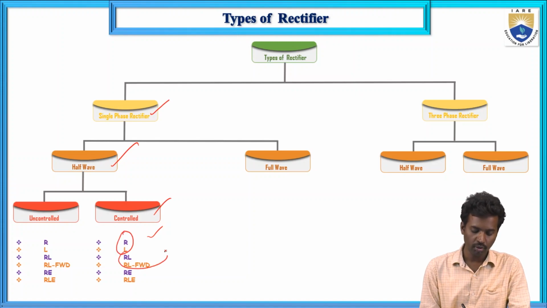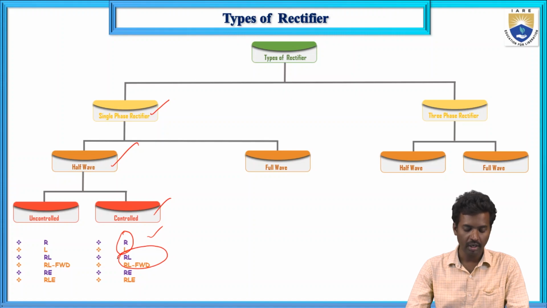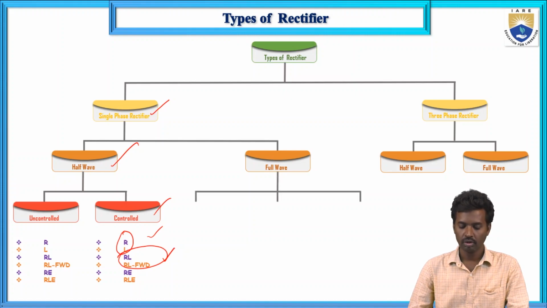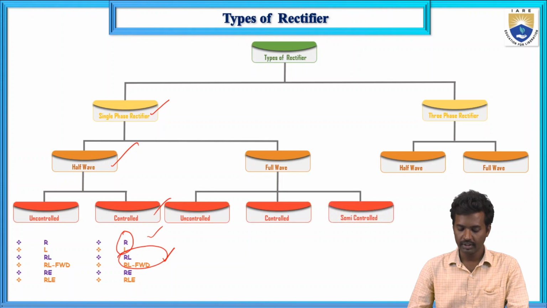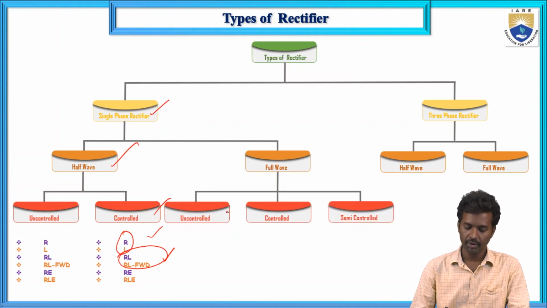So today we are going to discuss RL and RL with freewheeling diode. Now here these are full wave rectifiers: uncontrolled rectifier, controlled rectifier and semi-controlled rectifier. The loads are R load, L load and RLE load.